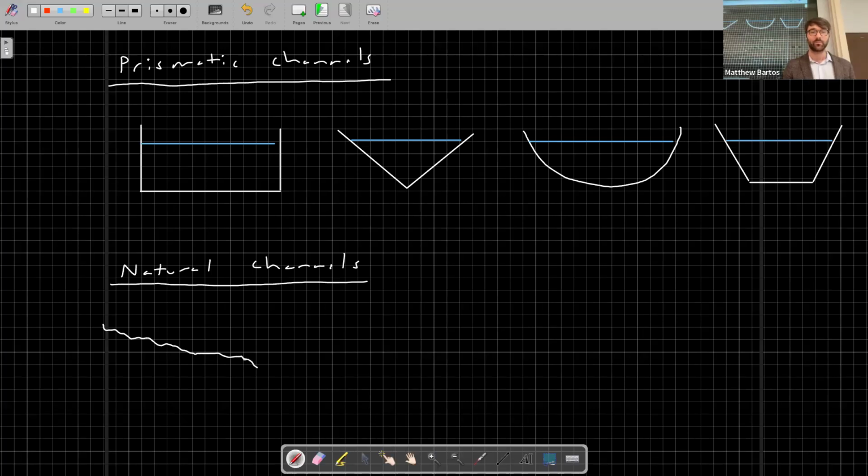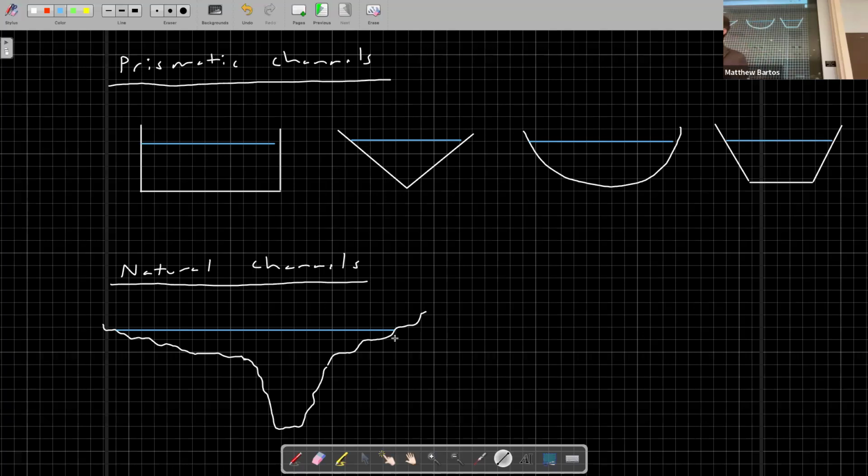Then as you get into the channel proper, it'll go down steeply like this, and then come back up, and you might see something like this. So you will have some water level in the channel. And these channels, generally, you won't find an analytical form for the hydraulic geometries, but you'll have to approximate them numerically.